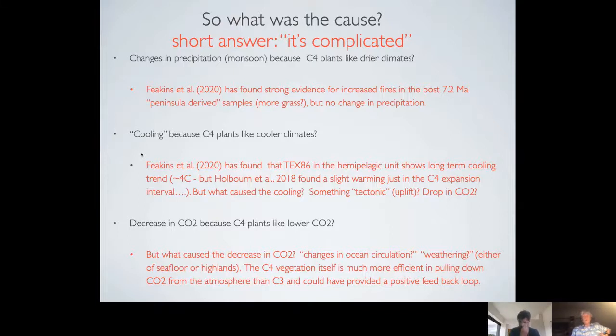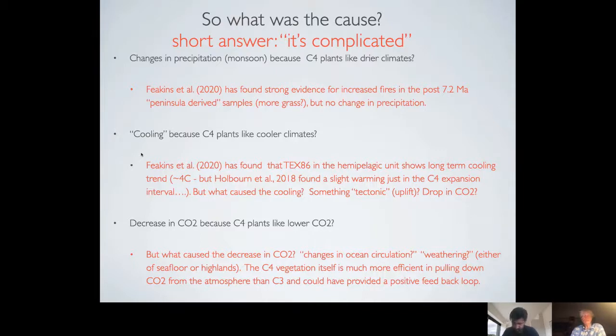Was it cooler, because C4 plants like cooler climates? Well, Feakins found from Tauxe '86 that there was a long-term cooling trend, maybe. So maybe things cooled, favoring C4 plants.